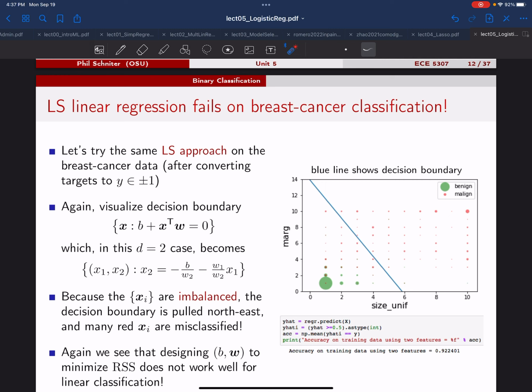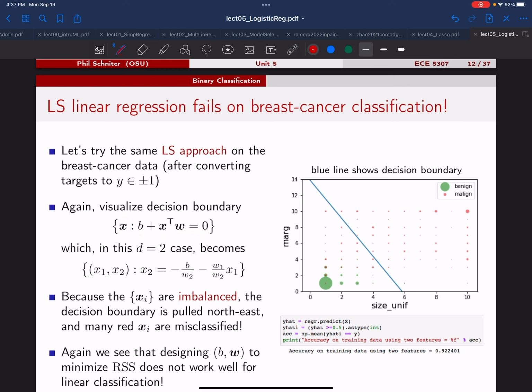Here's a little bit more detail about how you can think of the equation for this line, in case it helps. Remember that the decision boundary is given by the set of vectors x such that b plus x transpose w equals 0.